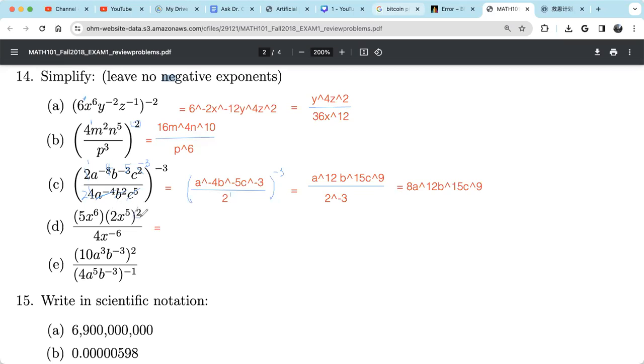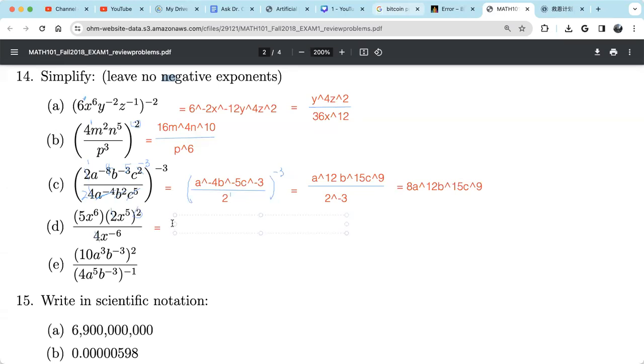So you see this square, 2 squared is 4. So that cancels the denominator 4. Then x raised by 5, then raised by 2 again, so that becomes x raised by 10. We have this x raised by 6. That's x raised by 10 plus 6.